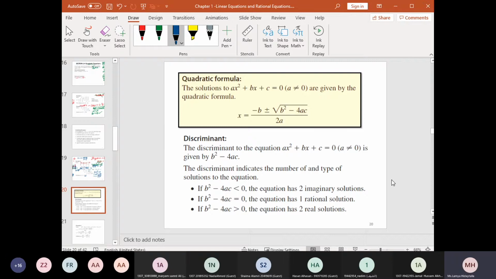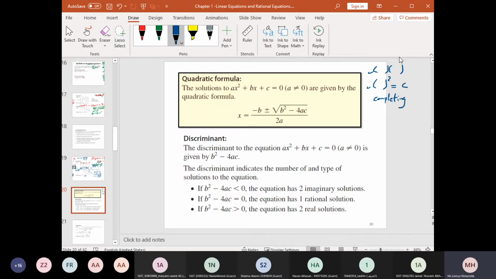Okay, another way to solve a quadratic equation. Until now we learned we can factorize if it's possible. If I have a bracket squared equal to some constant, we knew how to solve this by completing the bracket, right?